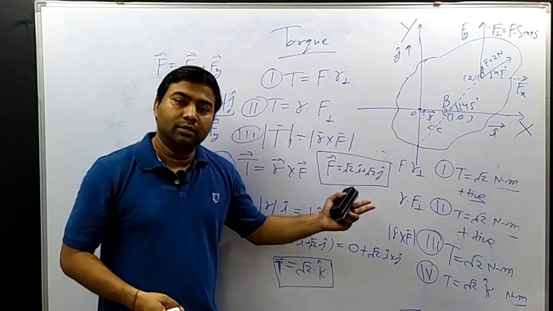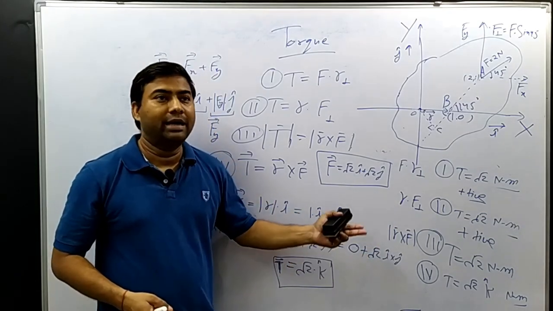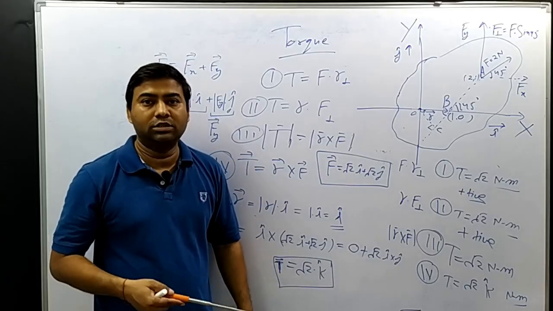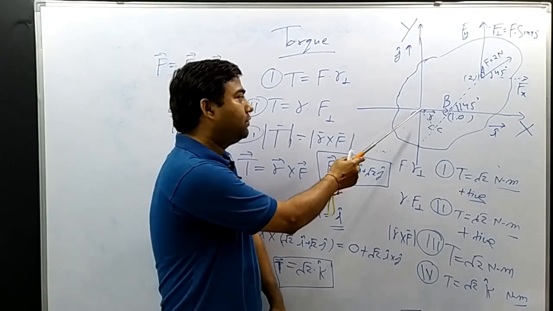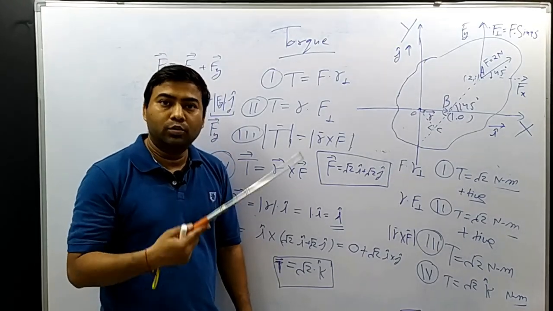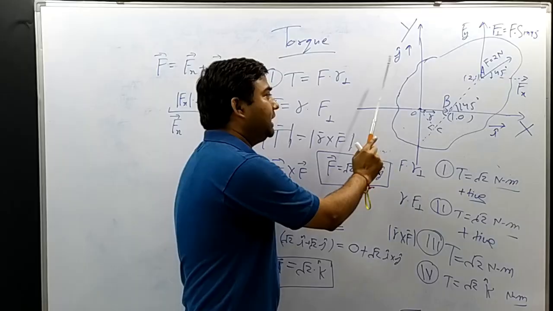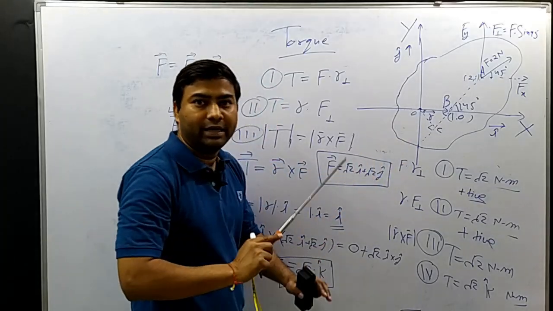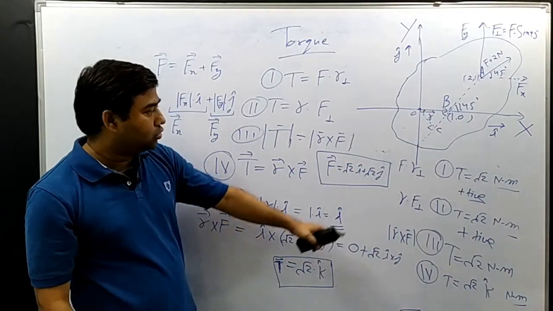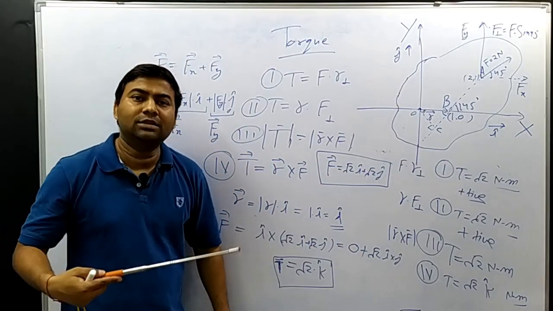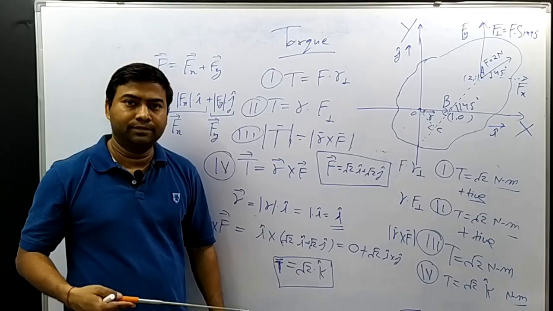That means under root 2 is the magnitude and k means in the positive direction of the z axis, upward from the board or towards the viewer, perpendicular to the plane of r and F vectors. So all the torques are the same, but their methods are slightly different.